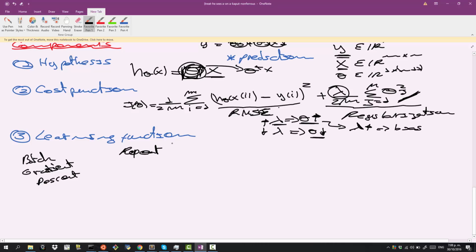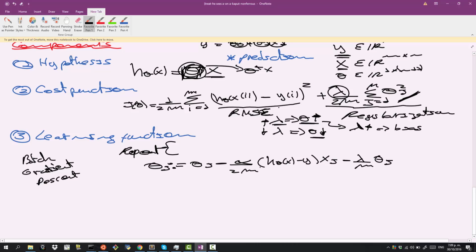Okay, so we use repeat, and this repeat behaves as follows: theta sub j is equal to theta sub j minus alpha divided by 2m times, and we're going to vectorize this, h of theta sub x minus y multiplied by x sub j, minus lambda over m times theta sub j. Okay, now we're going to close this, and we're going to define this from right over here.